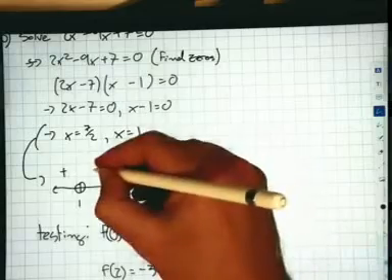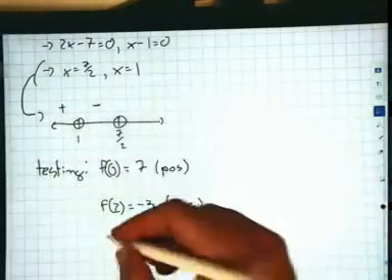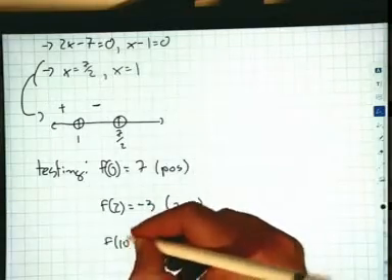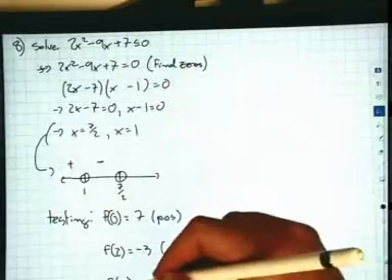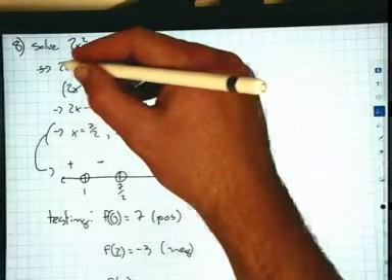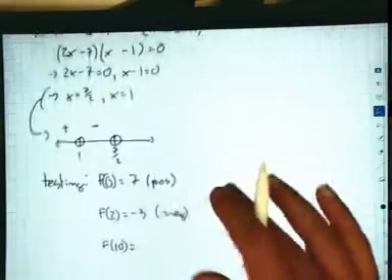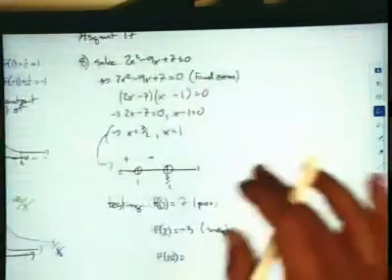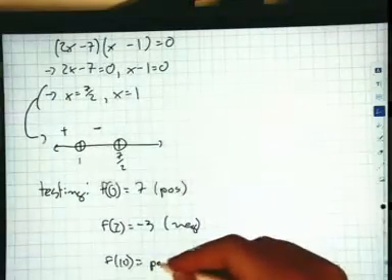So I'll put a minus sign right up there. And then I like to pick easy things that I can work with, like 10. Because 10 squared is 100, times 2 is 200, minus 90 plus 7, you know what, I don't even care what that number is anymore. I know it's positive.